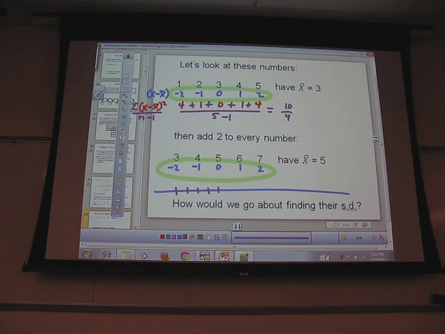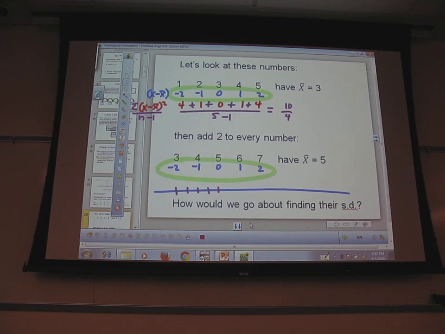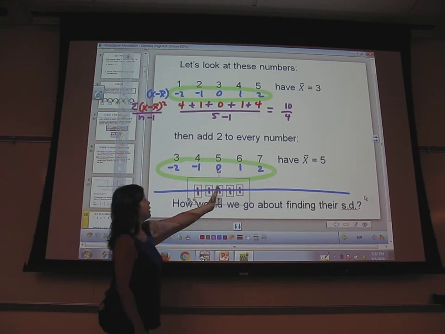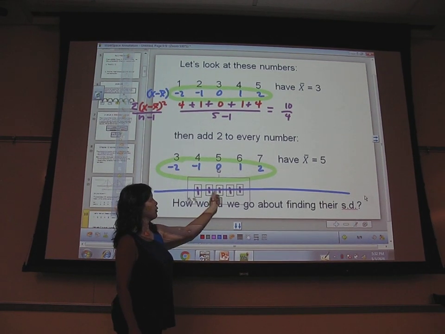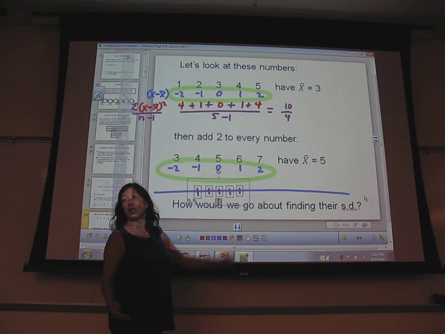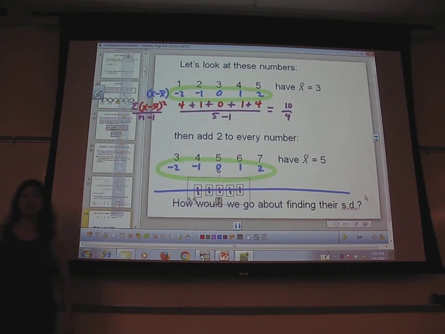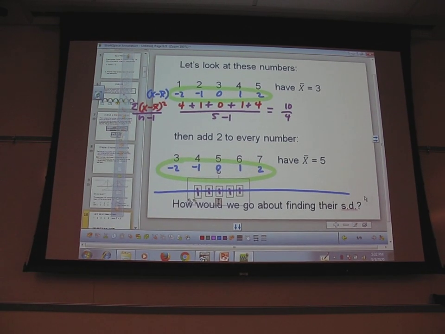And all I've done is I've taken them and I've just moved them up 2. Their standard deviation is still the same. Their average has gone from here to there, but how far they are from their mean is the same. Okay, good.